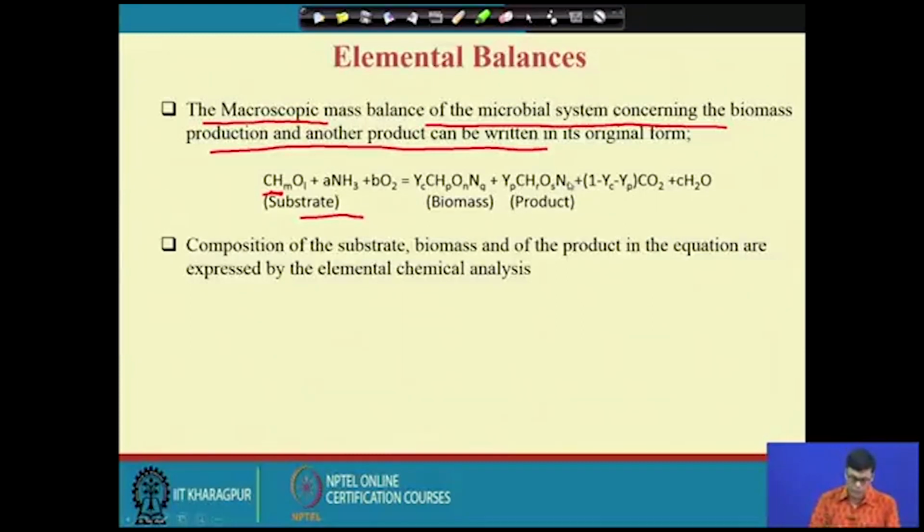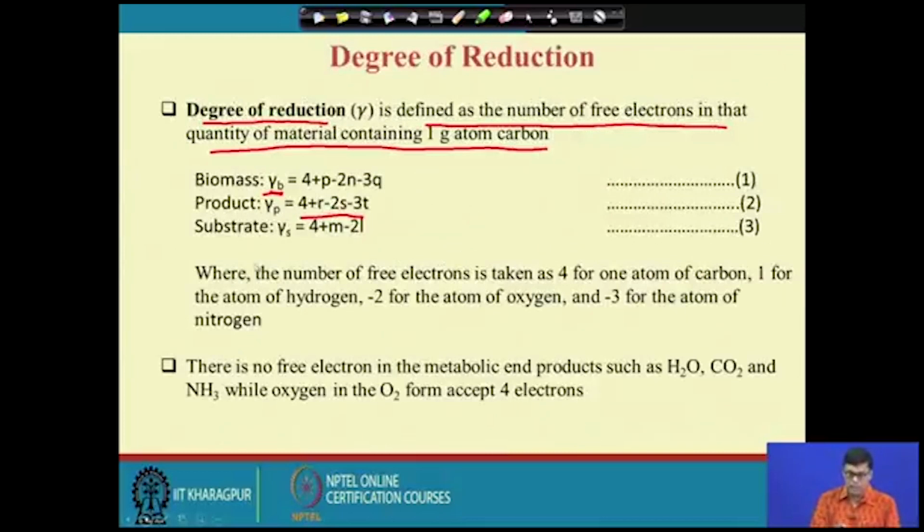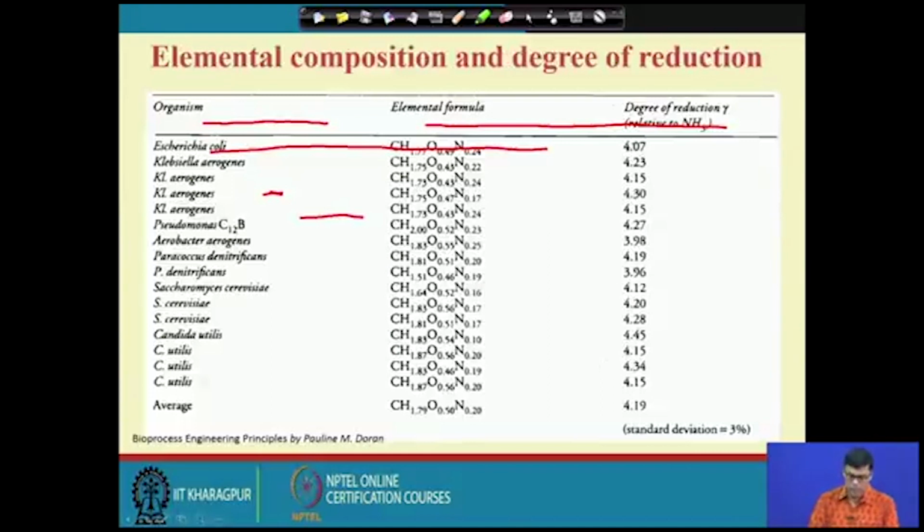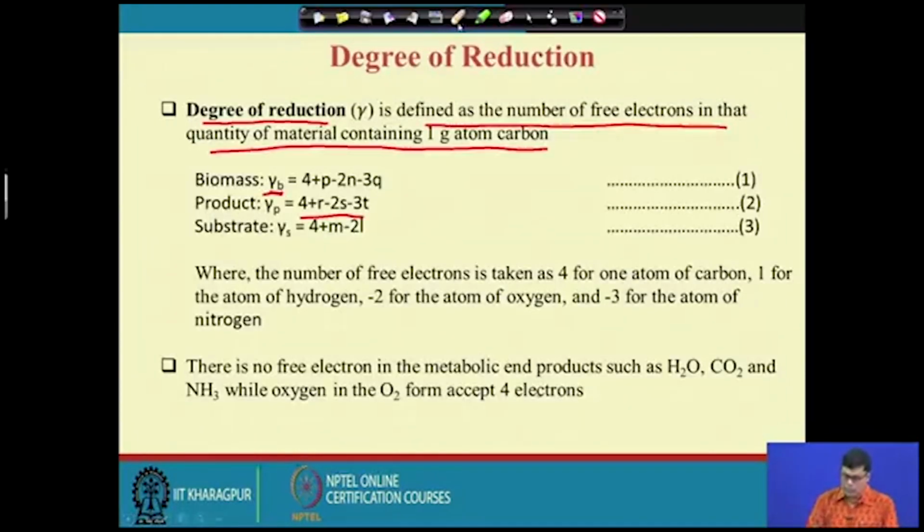Similarly, we can find it for the substrate. The number of free electrons taken is 4 for 1 atom of carbon, 1 for hydrogen, minus 2 for oxygen and minus 3 for nitrogen. We shall have to remember this. There are no free electrons in the metabolized end products like water, carbon dioxide and ammonia, while oxygen O2 accepts 4 electrons.